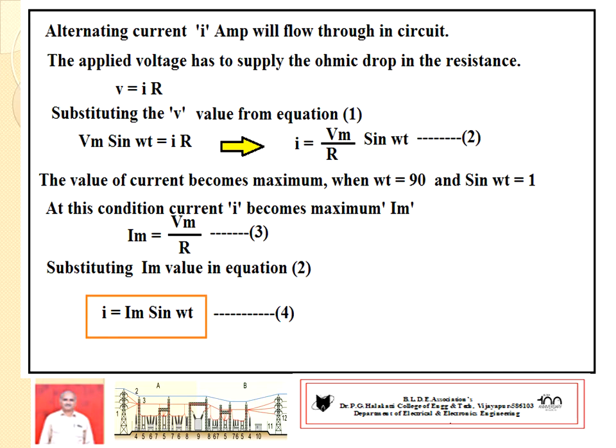Im equal to Vm by R, because sin omega t is 1. You can call this equation 3. Substituting this Im value in equation 2, the equation becomes I equal to Im sin omega t. You call this equation number 4.